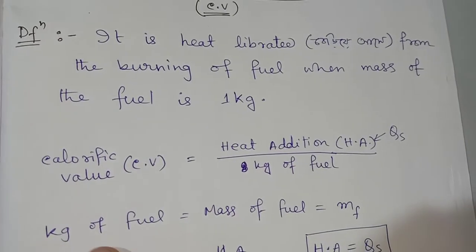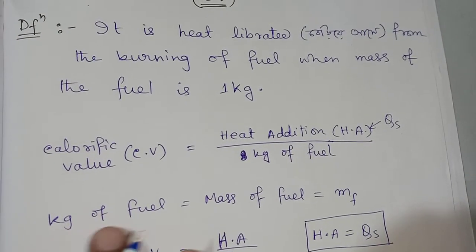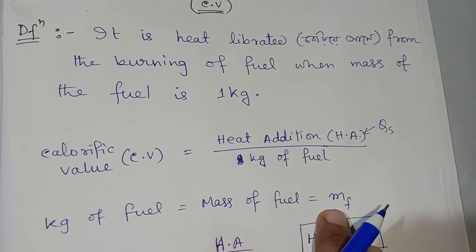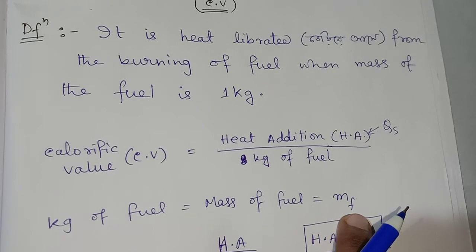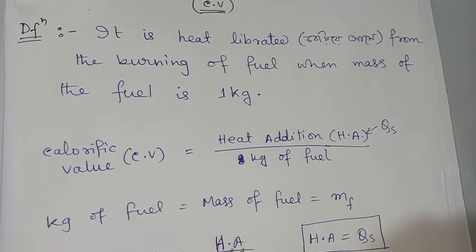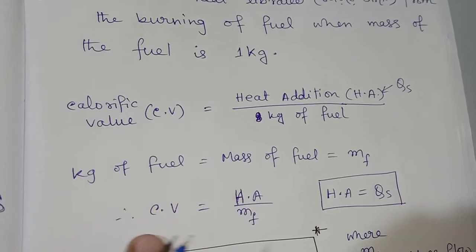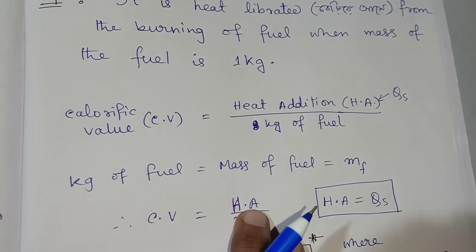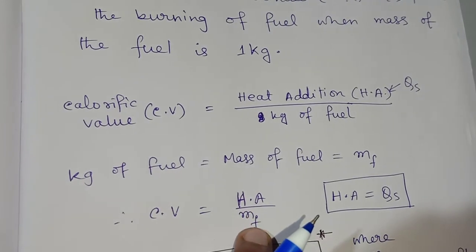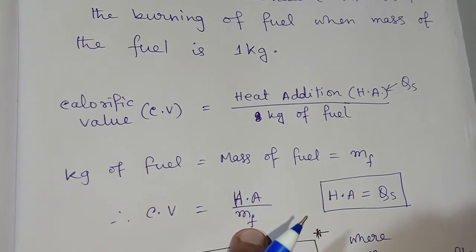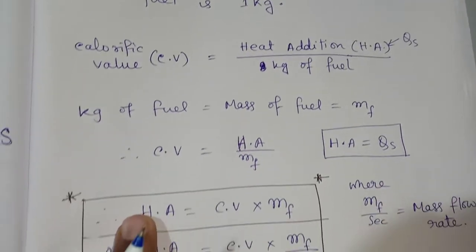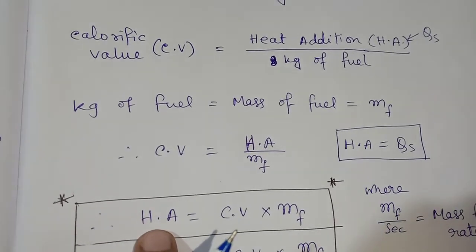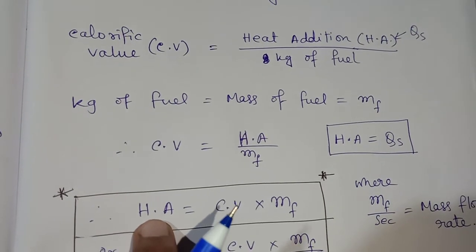Now if I say kg of fuel is equal to mass of fuel is equal to mf, m suffix f represents the mass of fuel. So calorific value is equal to heat addition or heat supplied by mass of fuel. Now I can say heat addition or heat supplied, it is also Qs.